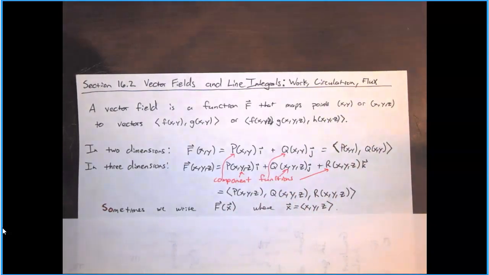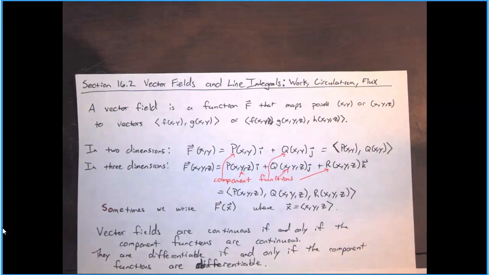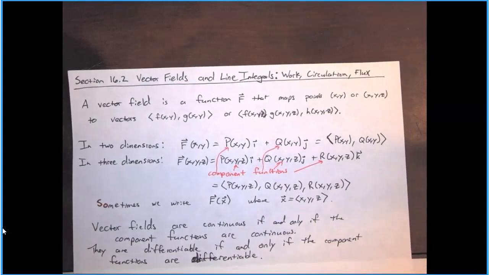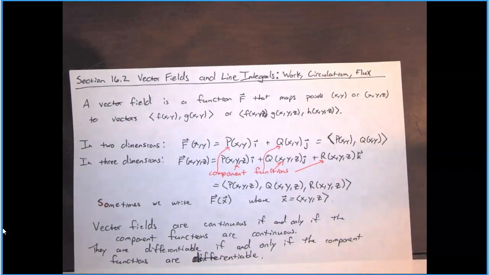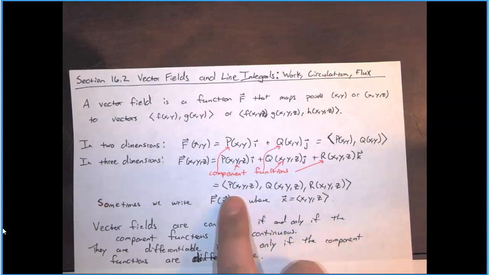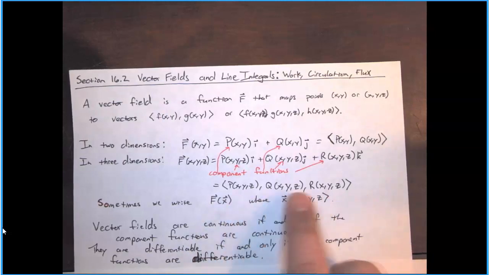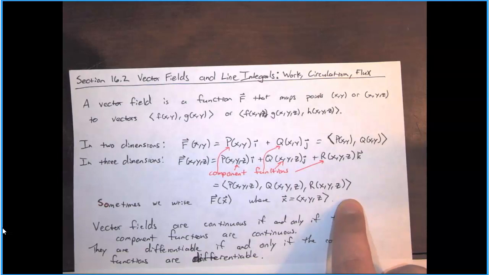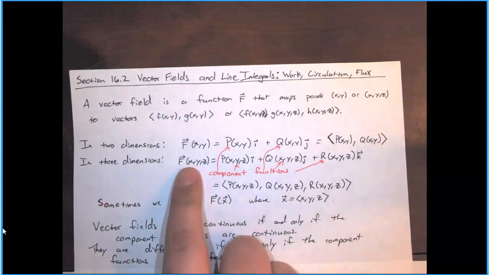Okay? A couple quick properties about vector fields. Vector fields are continuous if and only if the component functions are continuous, meaning that if we'll just look at the 3-dimensional case right now, if P, Q, and R are all continuous functions, then F is a continuous vector field.